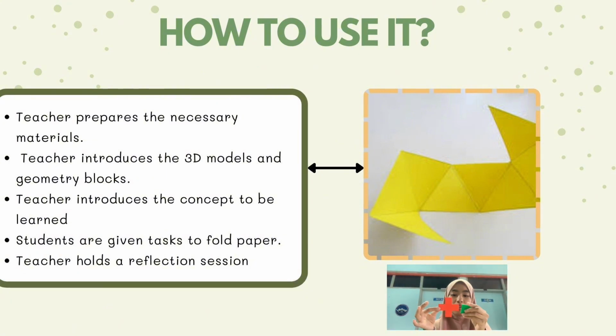It's not the same size, but I give an example, and then fold them into 3D shapes. After the activity, the teacher holds a reflection session to discuss what students have learned and how they solved the problems.